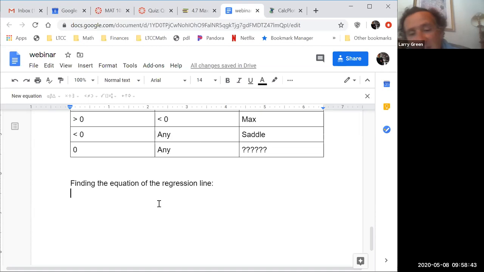All right, so let me explain how regression analysis works. I'm going to do linear regression analysis, but it works for any kind of regression analysis. Let's suppose you have a bunch of data points. Let's suppose we have (3, 2), (5, 1), and (4, 3).